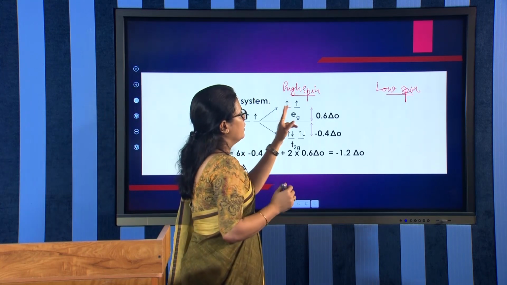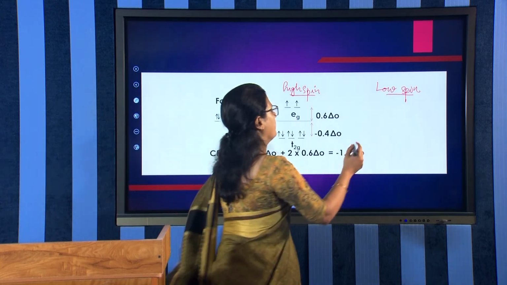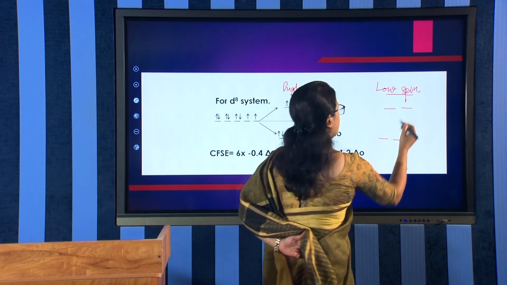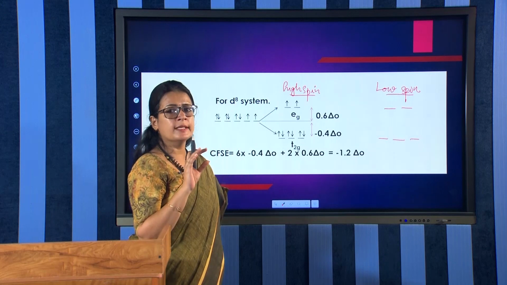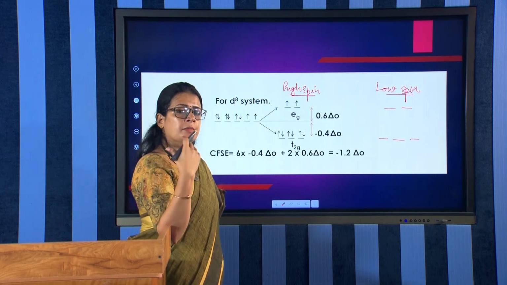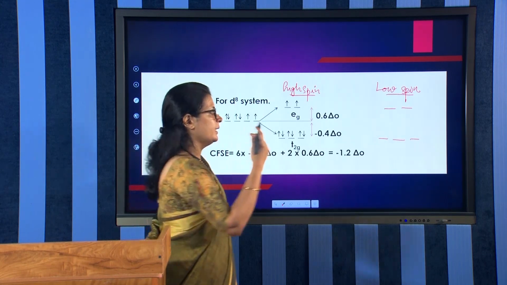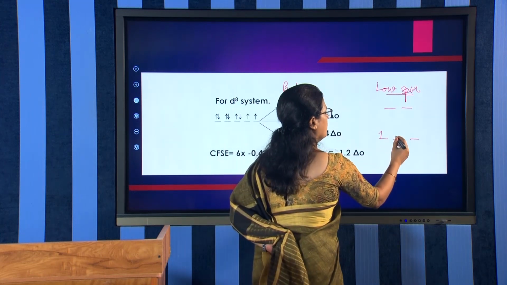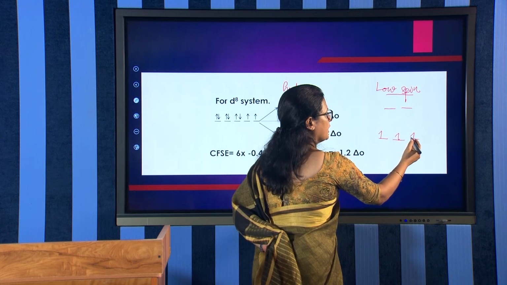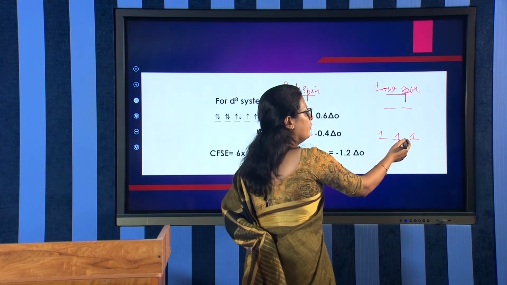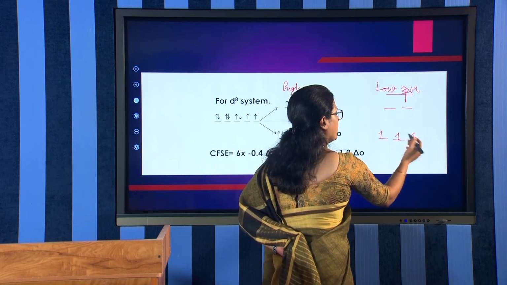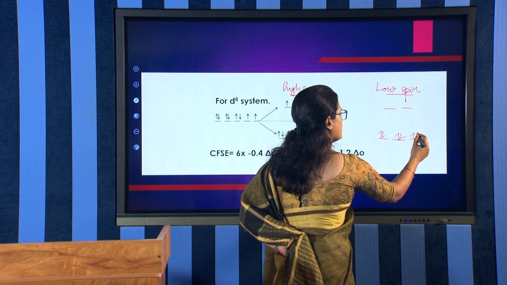Now, in the case of a low spin complex, you can write it like this. Low spin means delta O is very much greater, which means that after filling 1, 2, 3, the fourth one will not go to the EG set, it will just be paired here, 1, 2, 3, 4, 5, 6.